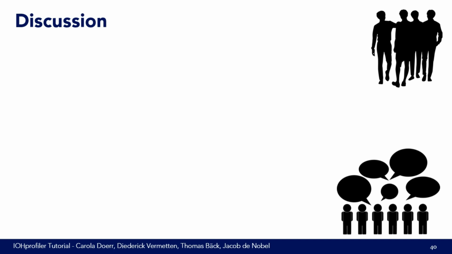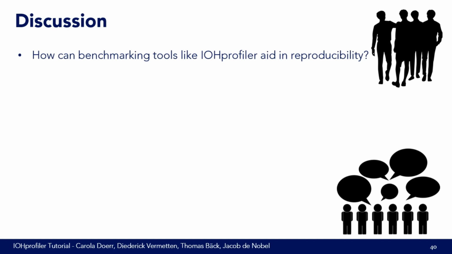And the main thing is, what can we do to make benchmarking tools, in particular IOH Profiler, help to promote things like reproducibility? We feel that having tools be accessible is one of the main ways you can make the barrier to fully reproducible code a lot lower, because you don't have to create all of the benchmarks from scratch.